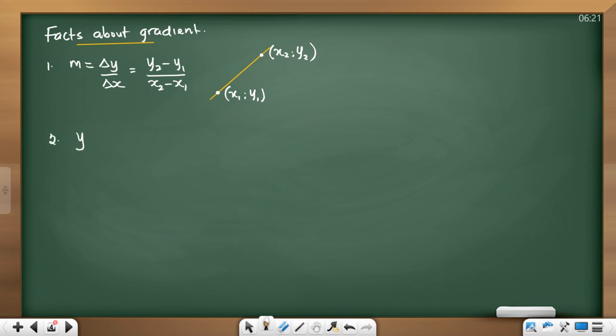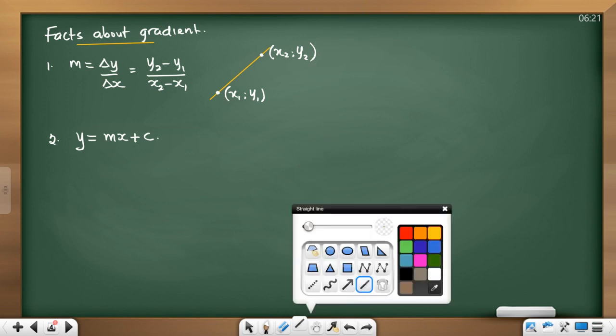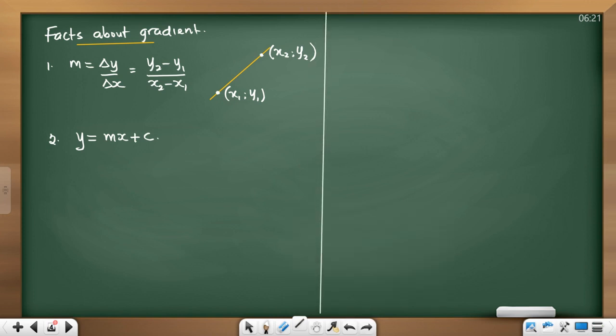Number 2, y equals mx plus c. So gradient is the coefficient of x in the equation of a line.